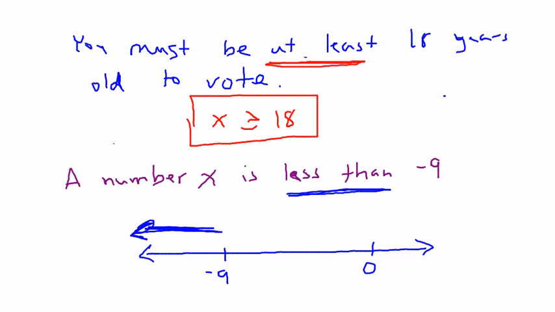So x can be any number that is less than -9. This would be our inequality, right? X less than -9 means x can be any number smaller than -9. For example, x can be -10. x can be -100. x can be -1,000,000. x can be -9.5. As long as it's less than -9, it satisfies the inequality.